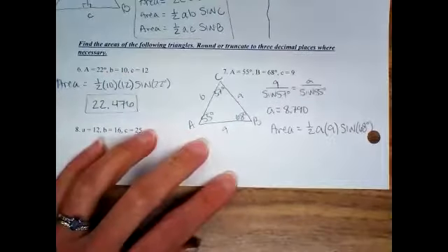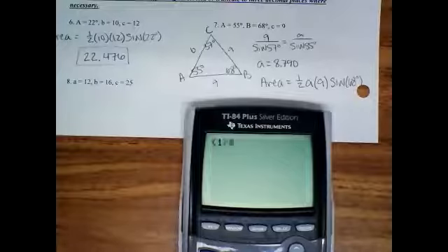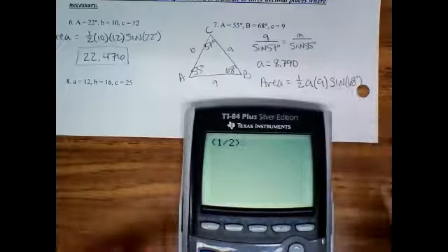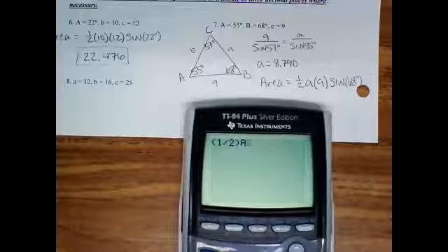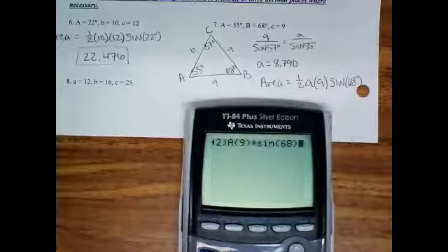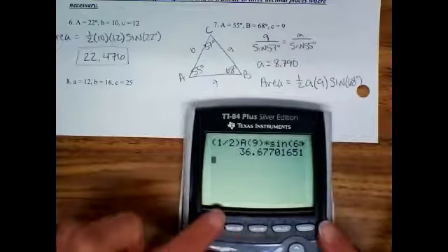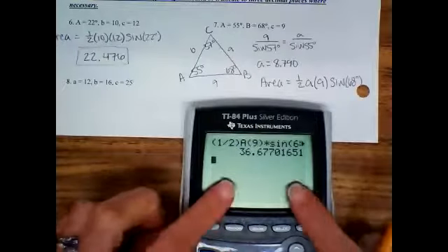When you type that, you're going to type 1/2 and then alpha A, and it will paste that number in for you, times 9 times sine of 68. Did anyone else get this? 36.677. Okay.